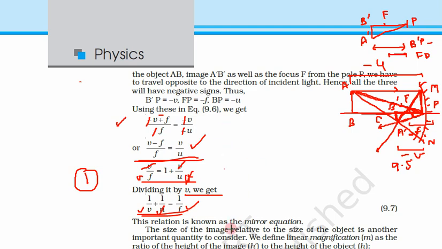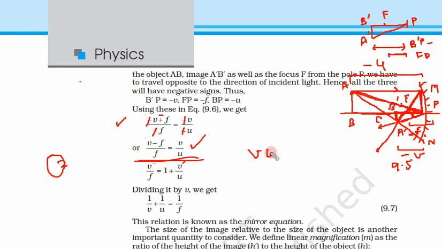Second way of doing it: first let us do the cross multiplication. So vu minus fu must be equal to vf. Now after this multiplication, let us divide by all three terms u, v, f.